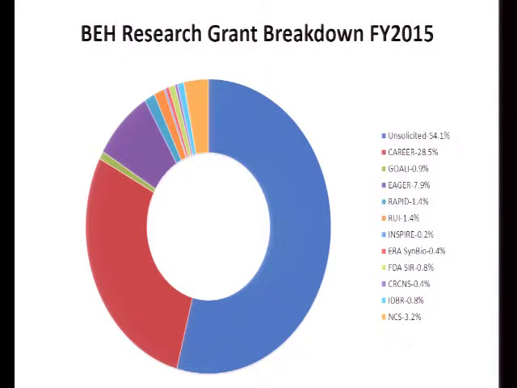The CAREER funding actually corresponded to 28.5% of the total, and this is a pretty high percentage for BEH, relative to other clusters within CBET, but also other divisions within the engineering directorate.